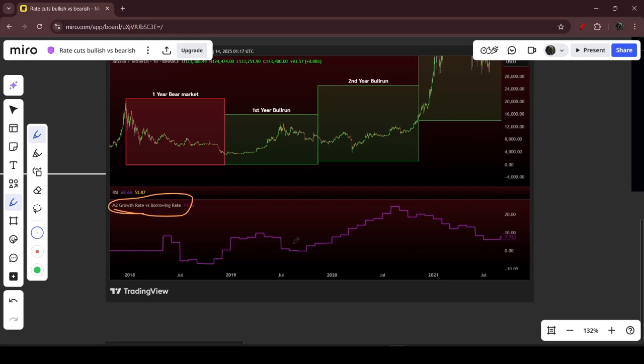So whenever the growth rate is reaching close to zero or maybe below zero, this is when I'm most likely to notice a decrease in Bitcoin price. However, if I see the M2 growing over time and way above zero, that's probably bullish for Bitcoin.